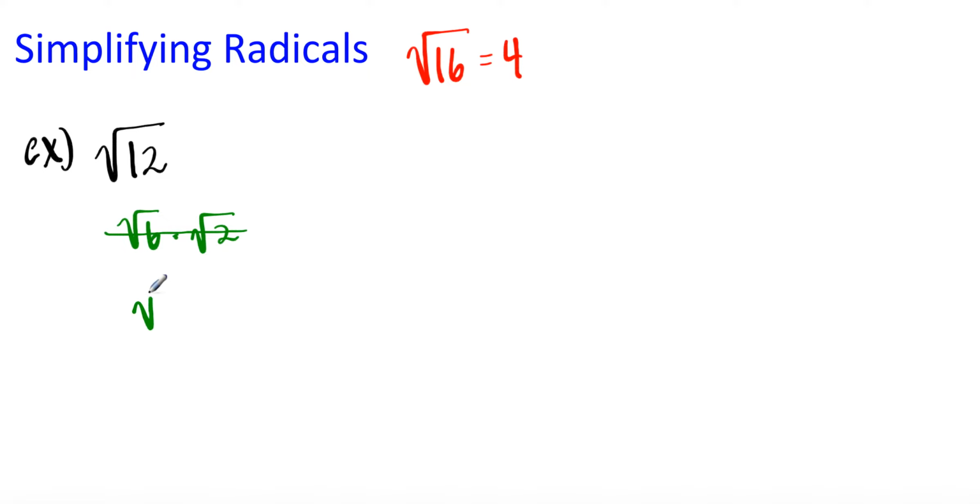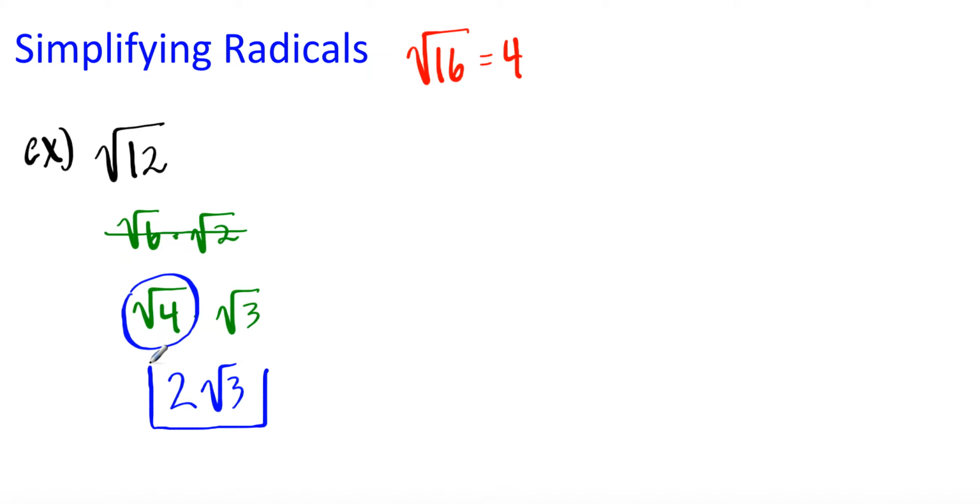But we can split it up into the square root of 4 times the square root of 3. This works for us because the square root of 4 is a perfect square, the square root of 4 is 2, and I'm left with the square root of 3. I know this is completely simplified because my radicand 3, the only factors of it are 1 and 3. So as long as you don't have any perfect square factors left, you're done simplifying.